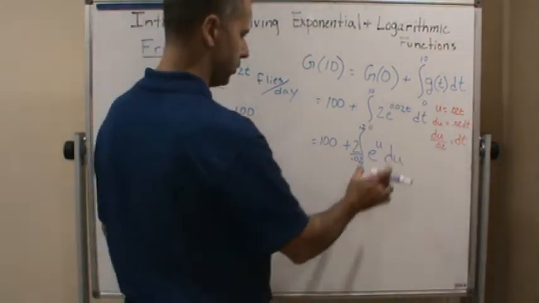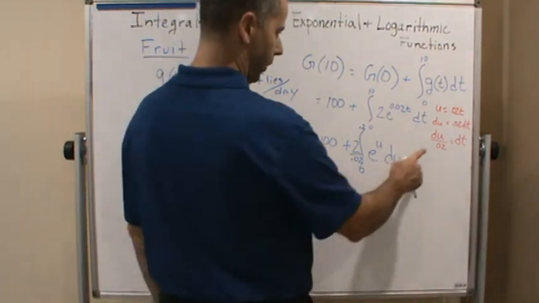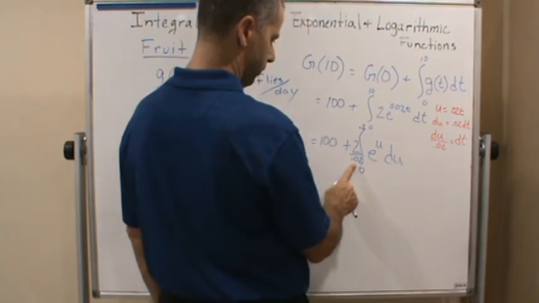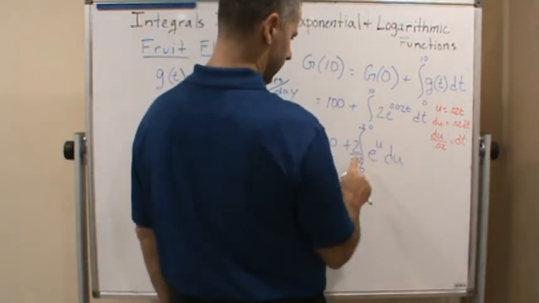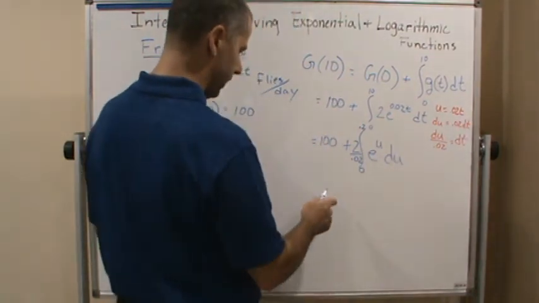All I did going from here to here was do my u substitution. I substituted in du divided by 0.02. There's my 0.02 in my du for dt, and then the 2 and the e to the u. Okay, so now I'm going to integrate.